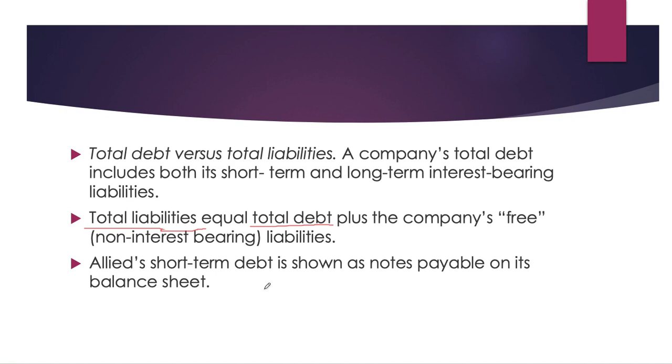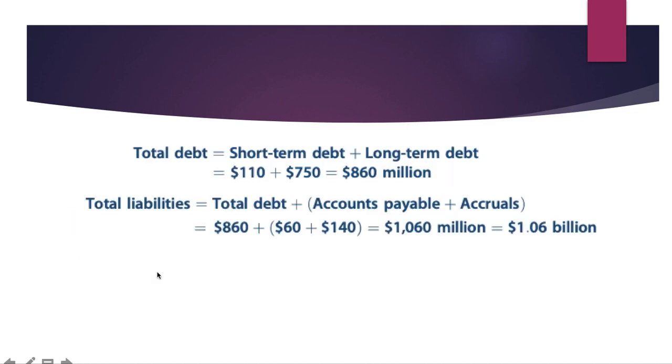Allied's short-term debt is shown as notes payable on its balance sheet. So in our example, this is under the notes payable that gives us the short-term debt of the company. As you see, total debt equals short-term debt plus long-term debt.